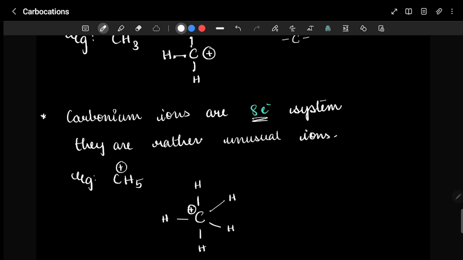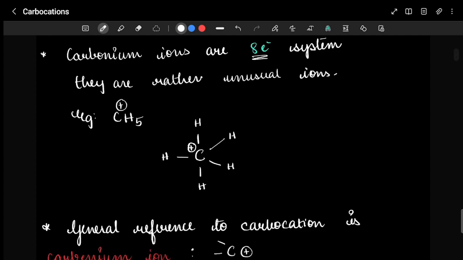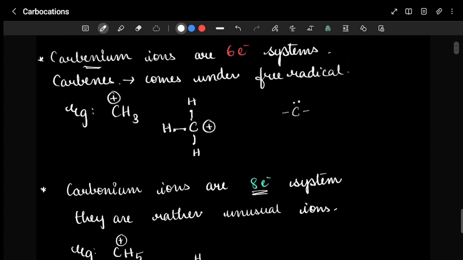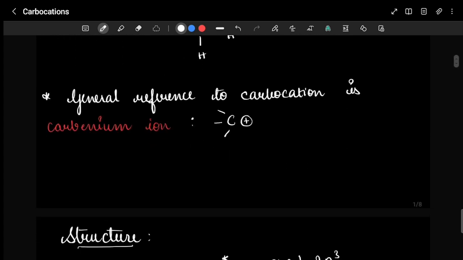It's really rare that carbonium ions are formed as intermediates, but they do form. Now, whenever we speak about carbocation, we speak about only the tri-coordinate system, the carbenium ion. So carbenium ion: C plus and three bonds.